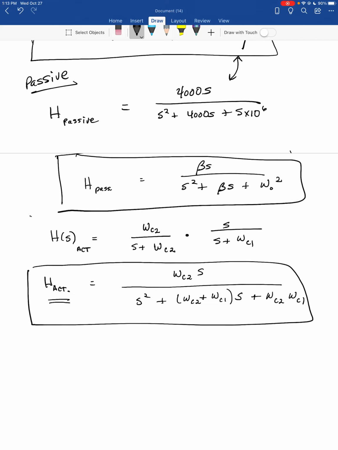The only way the active filter approximates the passive filter, remember beta is omega C2 minus omega C1, is if omega C2 is much, much greater than omega C1. If that's the case, then this term becomes approximately beta, this term becomes approximately beta.